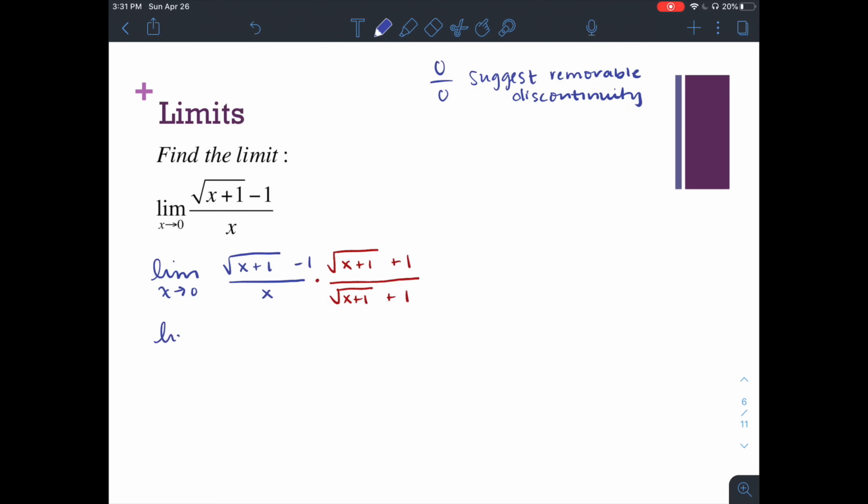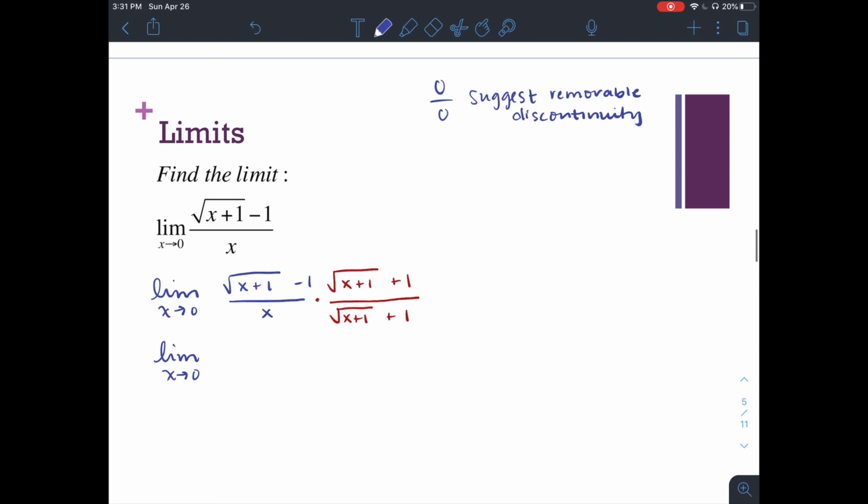And again, I have to keep that limit notation the entire time until I actually evaluate the limit. And I know it's frustrating and I know it's annoying, but you cannot drop the limit notation, not until you actually evaluate. But when I multiply out my numerator, I end up getting x plus 1 minus 1.